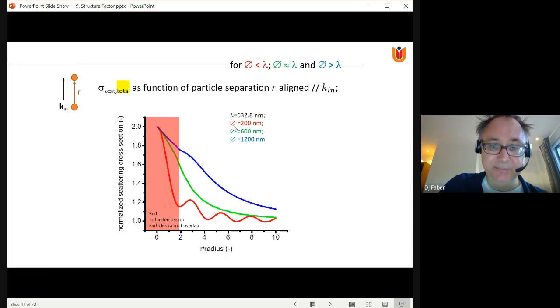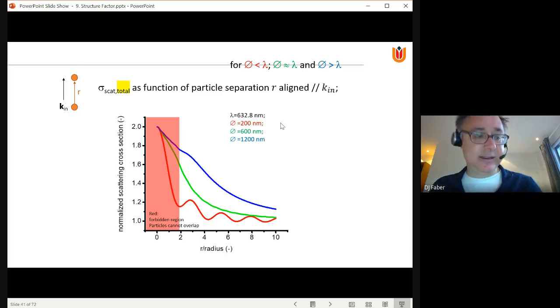And for the smallest particles, there appear some oscillations that are really interesting. I'm not entirely sure, I did not look into in detail what causes that, but usually what you see is that for small particles, the scattering, as you remember, is a combination of reflection, refraction and diffraction.